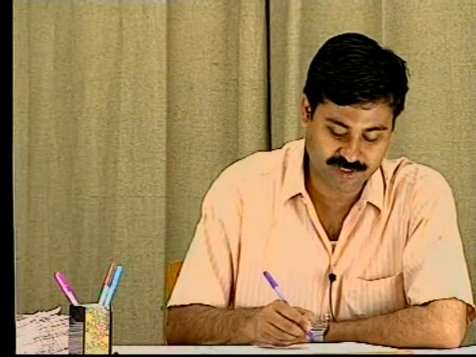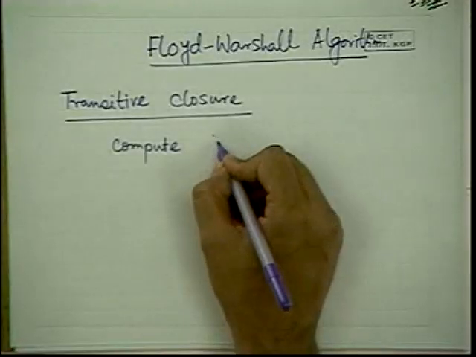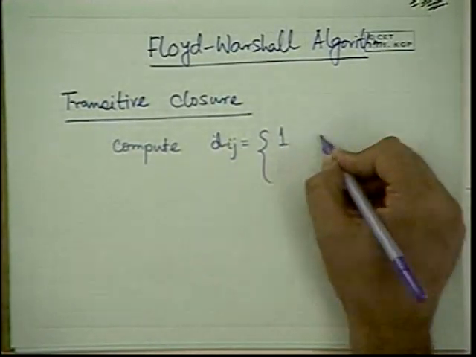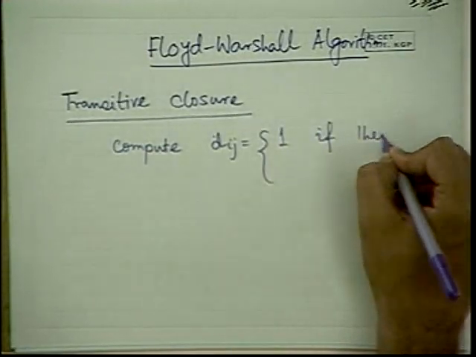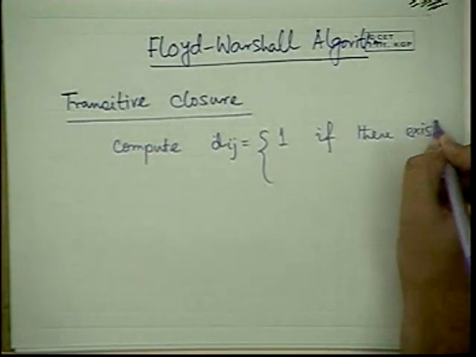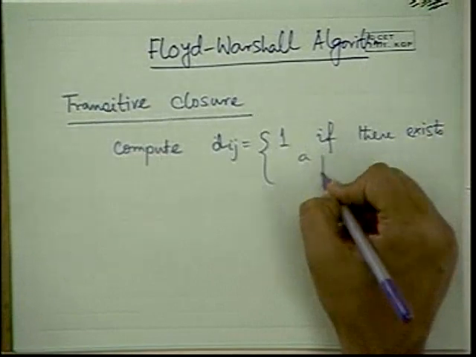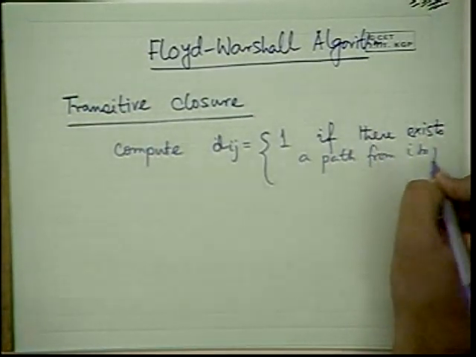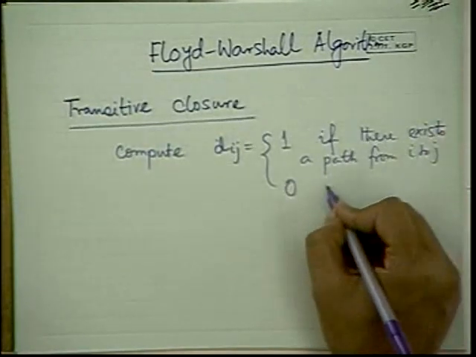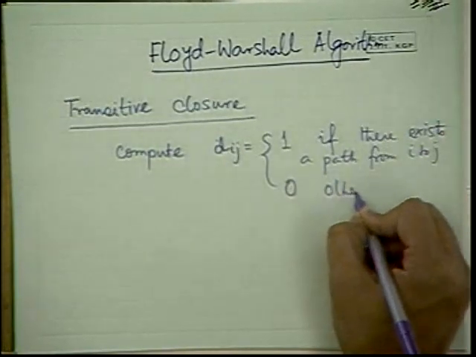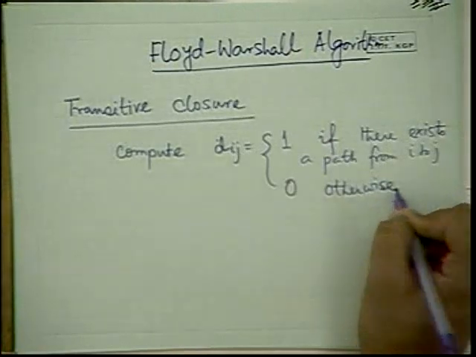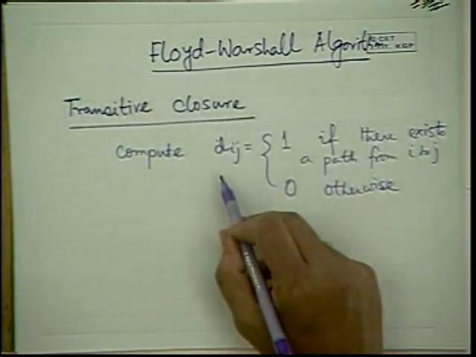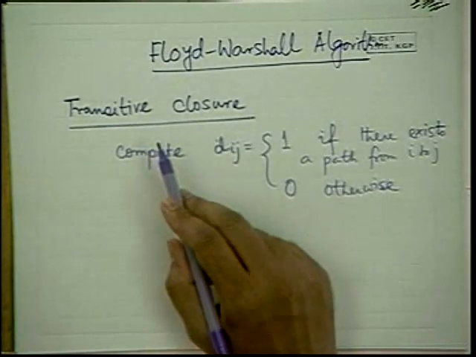So the definition is: Dij is equal to 1 if there exists a path from i to j, otherwise 0. So if you compute this matrix Dij, this basically computes the transitive closure of the given graph.